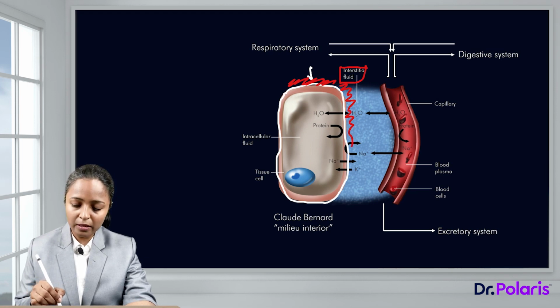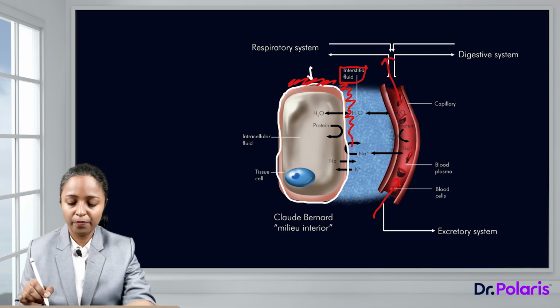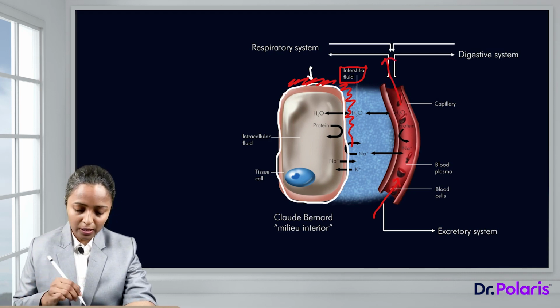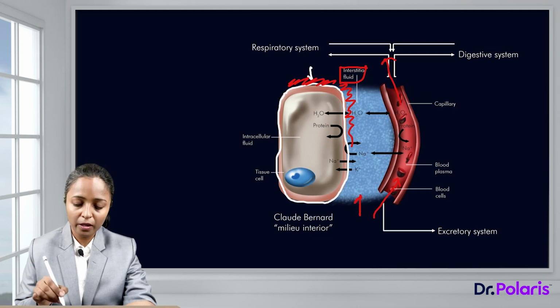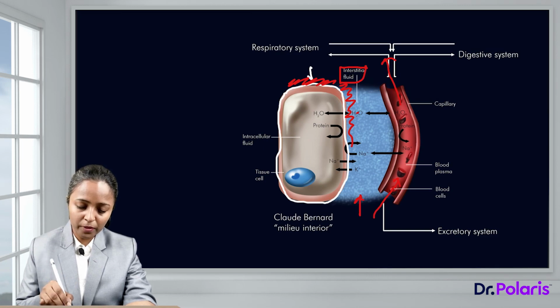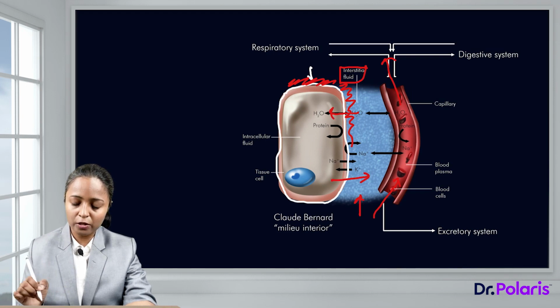Now, there is a blood vessel which is going through various cells, right? Now you see that the immediate environment of the cell is this, right? And the cell actually takes up nutrients from this. Okay, so nutrients enter here and it releases some metabolic waste products into this environment.